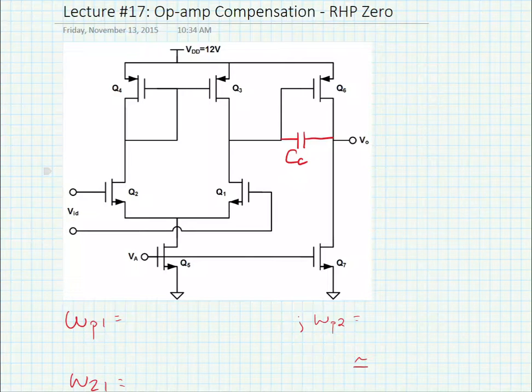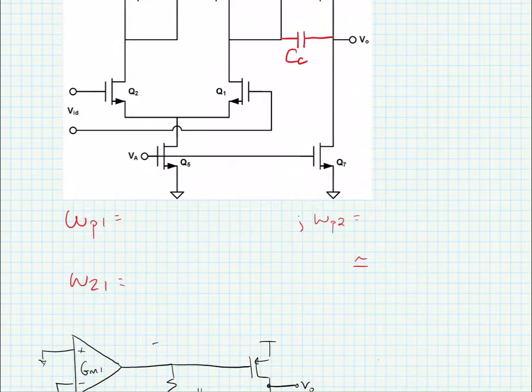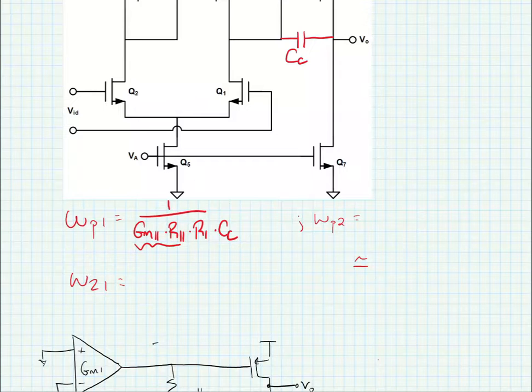After compensation, we knew that the poles and zeros were at the following locations. Omega P1 was approximately equal to 1 over GM2 times R2 times R1 times CC. Now this GM2 times R2 term is actually the gain of the second stage, and that is due to the Miller effect.